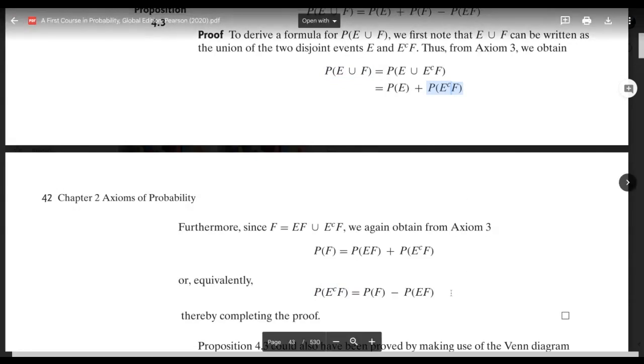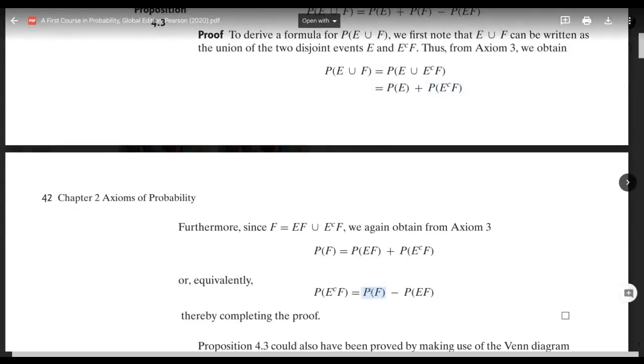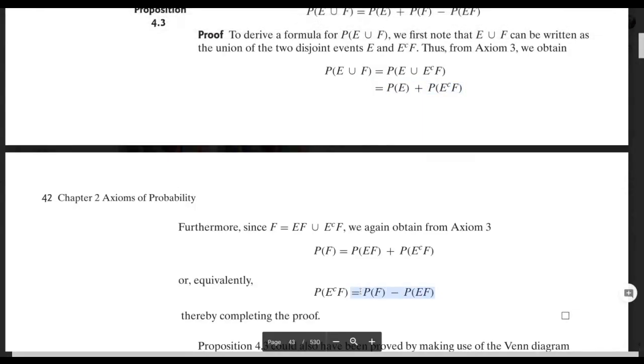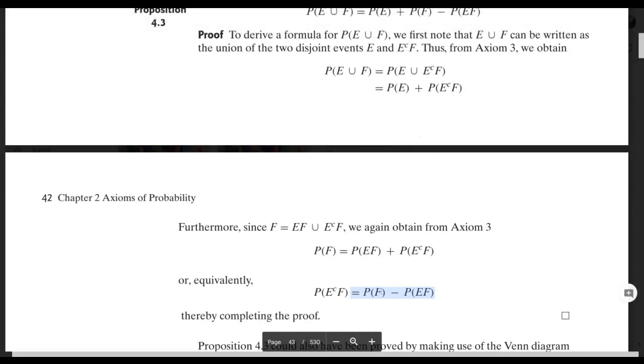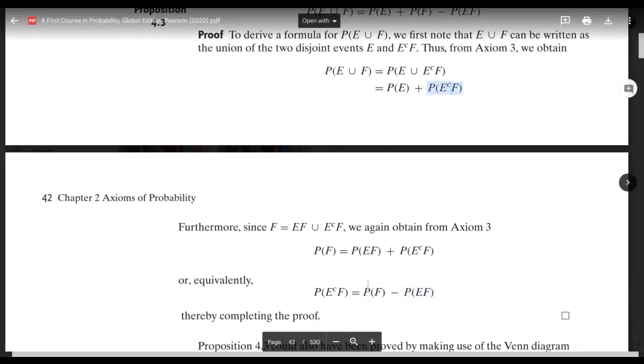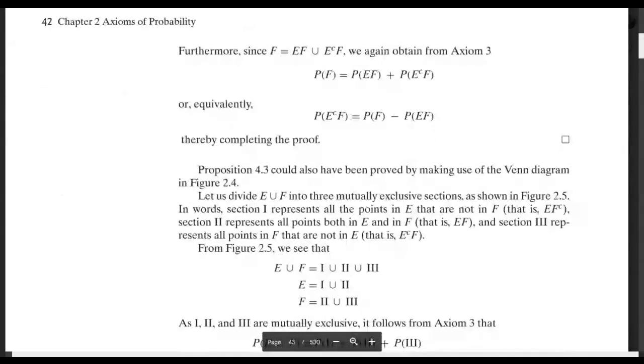So the proof should have one more line, because here we have those two. Now we substitute this one into these two. That completes the proof, right? So that's P of E plus P of F minus P of the intersection, because this one is this one. All right, Q.E.D.